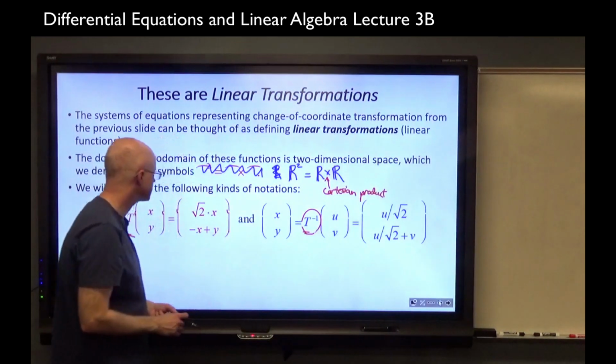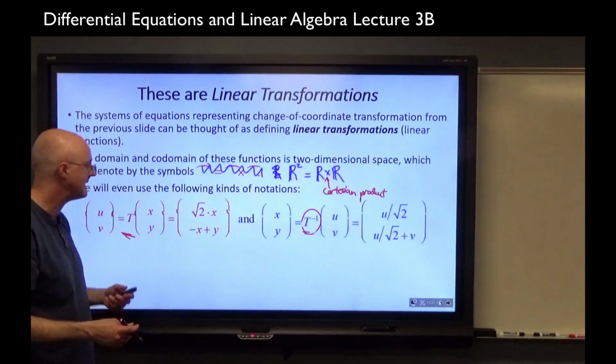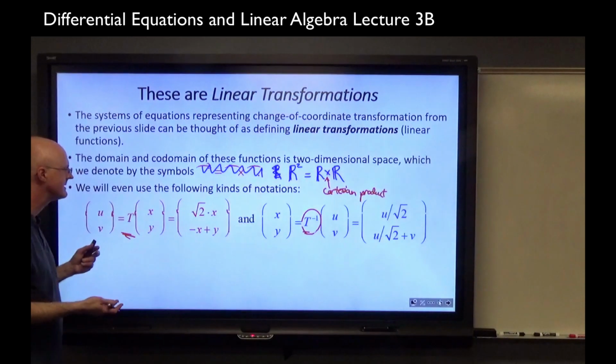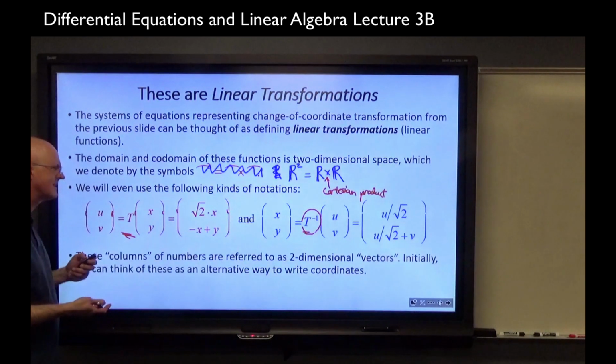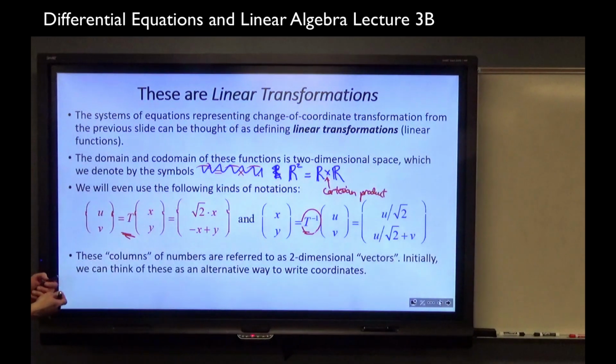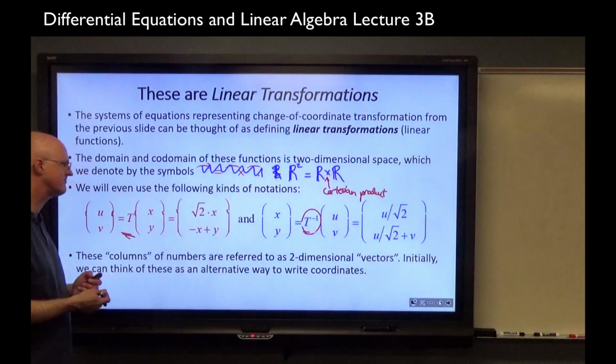These are the same as the systems of equations on the previous slide. Now we are writing the inputs and outputs as two-dimensional vectors. These columns of numbers as two-dimensional vectors. Do we have to write them in this way? No, we could write them as points.